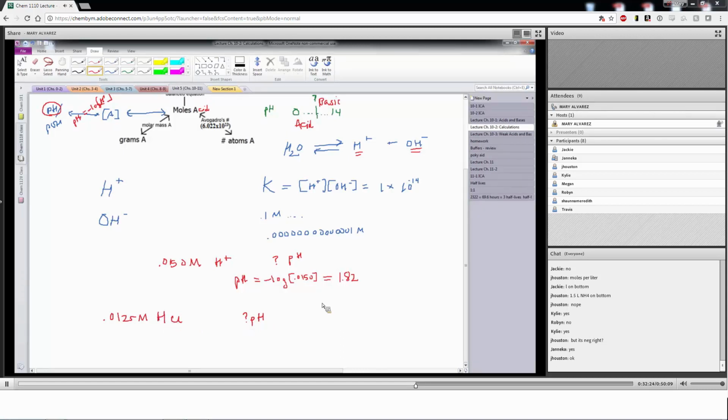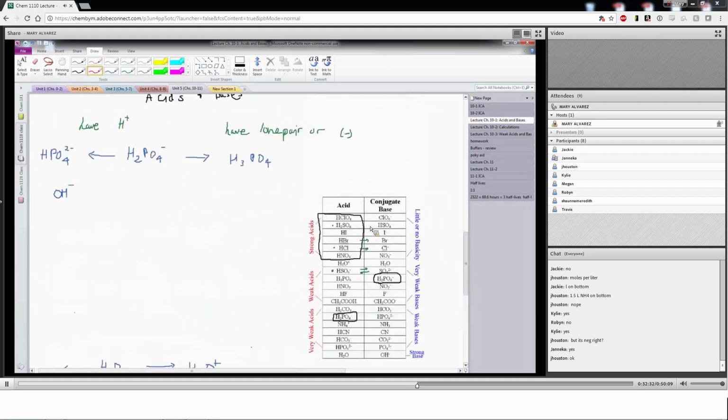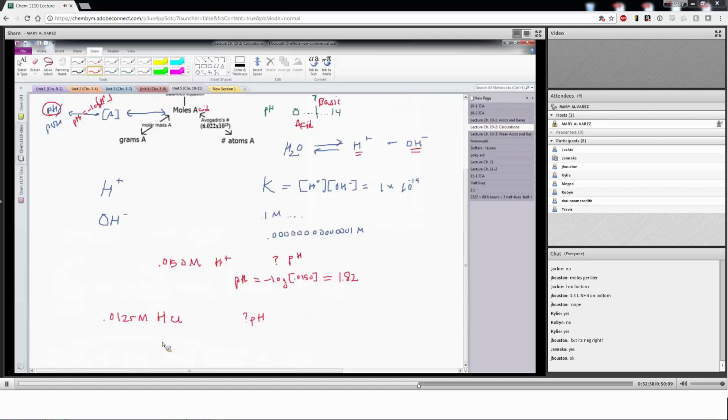But, and this is important, any of our strong acids will dissociate completely. This is one reason that I have you guys memorize this list of strong acids. So here's HCl, dissociates completely. So we know that HCl is going to form H plus and Cl minus. 1 mole of HCl gives me 1 mole of H plus and 1 mole of Cl minus.